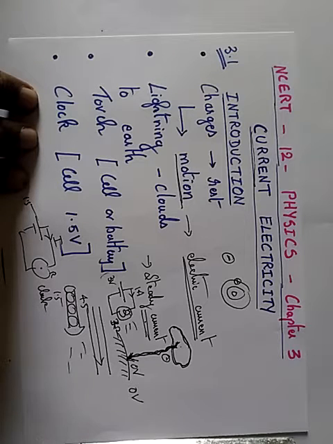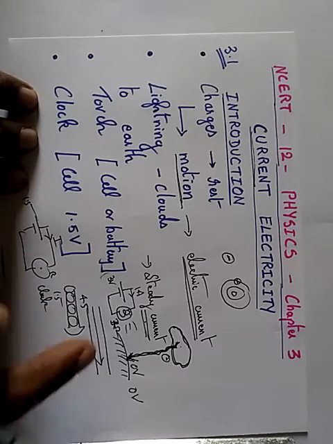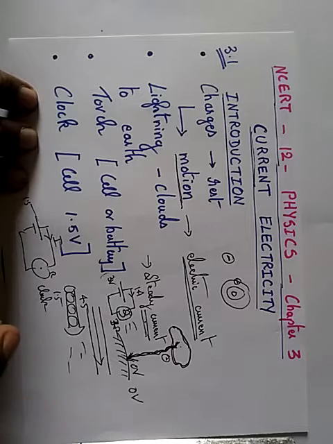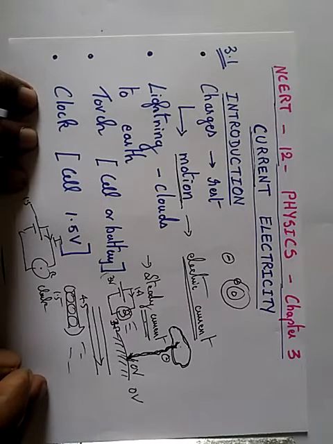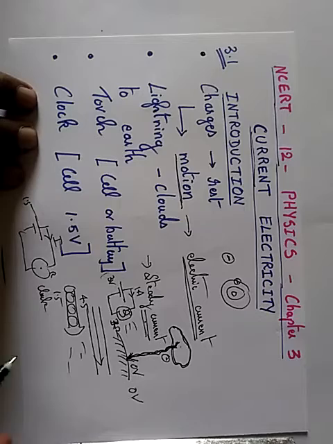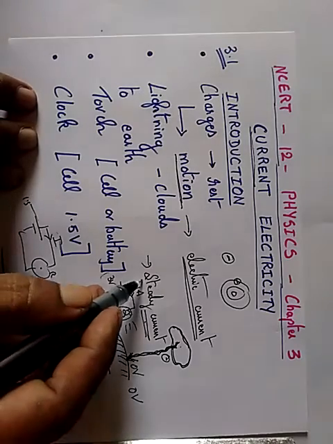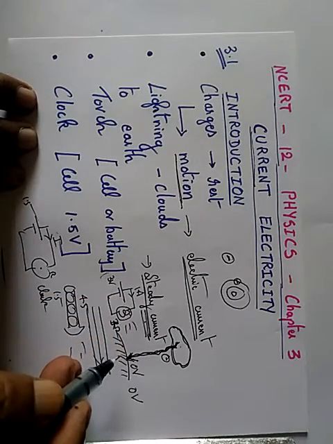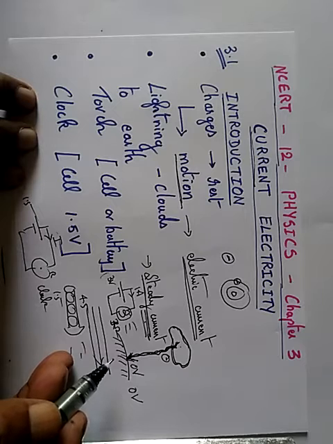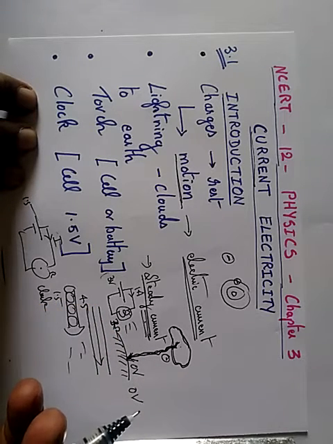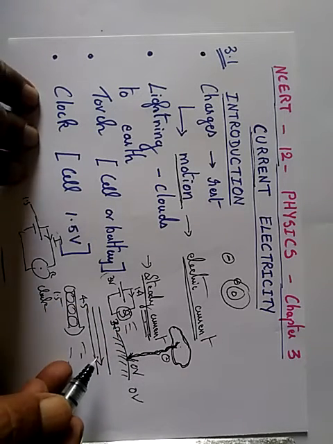Therefore, a torch and a cell-driven clock are good examples of devices having constant current. In this chapter, we will be studying some basic laws concerning steady electric currents. Steady electric current means the current is going to be constant. It is not going to fluctuate, or take some arbitrary value.